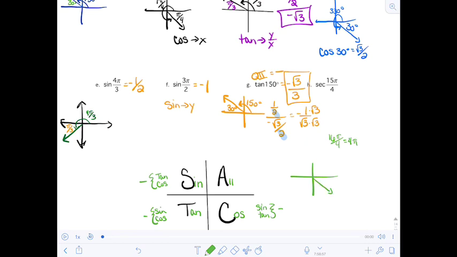One full time around is 2 pi, and almost another. So 8 pi over 4, the next would be 16 pi over 4, but we only make it to 15. So the reference angle is pi over 4, and the angle has a terminal side in the 4th quadrant.